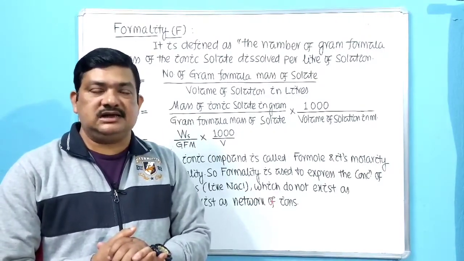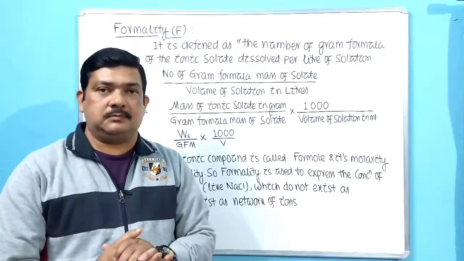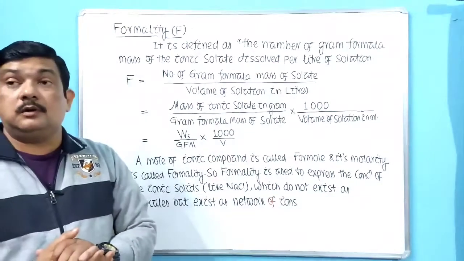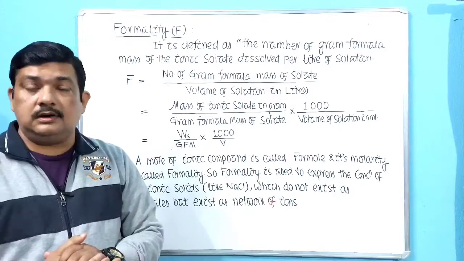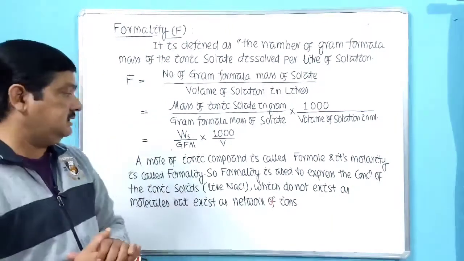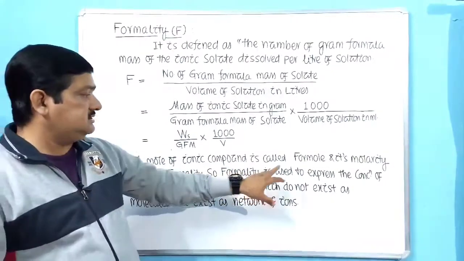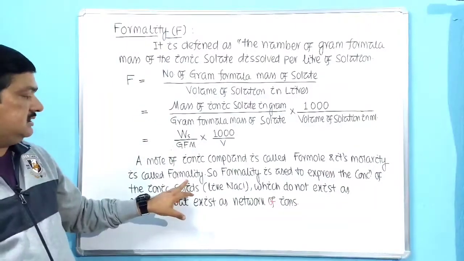So for these ionic solids, the concentration is generally expressed in terms of formality. One mole of any ionic solute is called a formula mole, and its molarity is called formality.